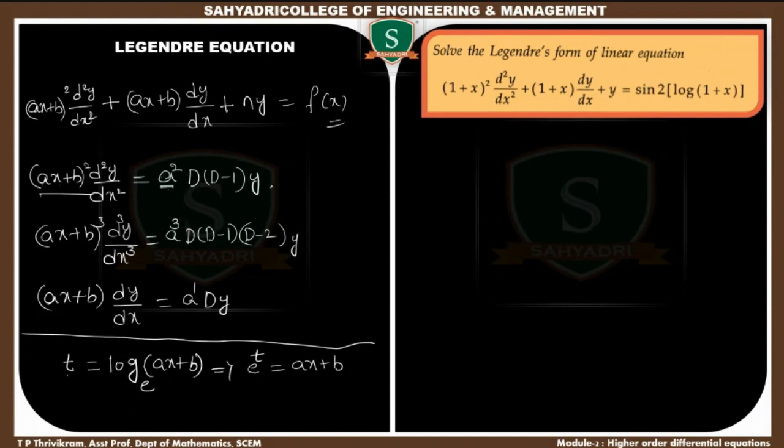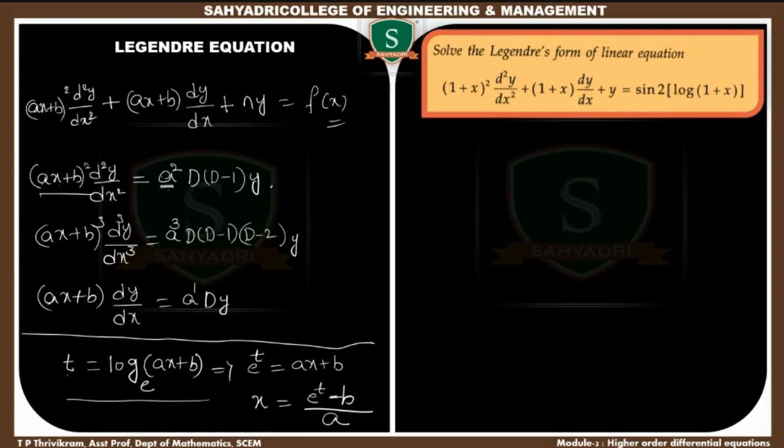If you want to find x, what will you do? e power t, send this b to the left hand side, minus b. Here into a is there, if you send it to this side, divided by a. So in this way we will find the x value from the given substitution. Okay, so this is the only logic.